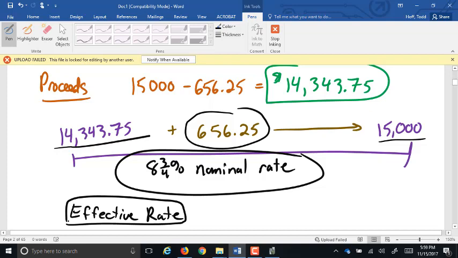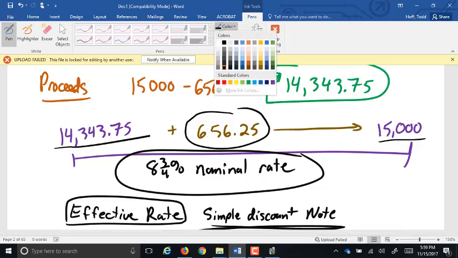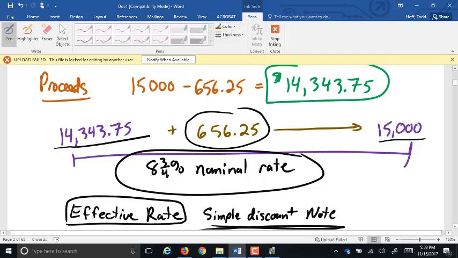Now, over the next couple of weeks, we're going to be figuring effective rate on a couple of different types of things. So this is a spot where in your notes, you need to make it very clear. This is an effective rate on a simple discount note. Next class, what we're going to be figuring out is effective rate due to compound interest, which will look very similar, but it's a slightly different process.